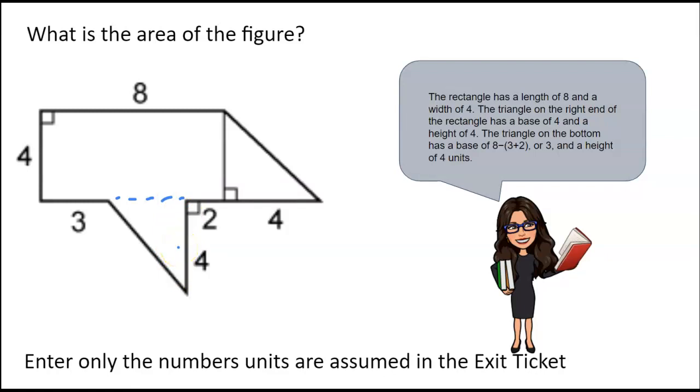In order to find the area of this composite figure, we could say 8 times 4 plus 4 times 4 divided by 2, because area of a triangle is base times height divided by 2, and the area on the bottom triangle would be 3 times 4 divided by 2.